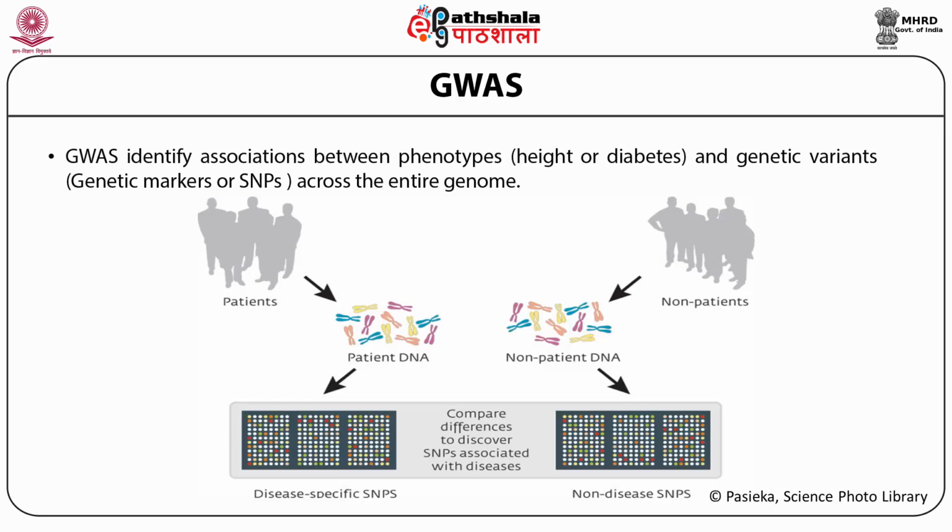We compare their phenotypes, such as whether they are diabetic or not, or blood count, etc., with genetic markers like SNPs, or single nucleotide polymorphisms, across the entire genome.